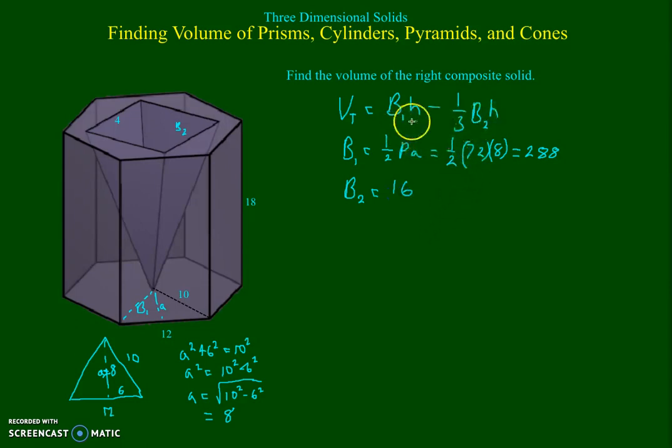Now we're ready to go ahead and plug in all our values. So your volume total then becomes area of the base 1, which is 288, times the height of the prism, which is 18, minus 1/3 area of base 2, which is 16, times, again, the height of the prism is the same as the height of the pyramid, so that's times 18.